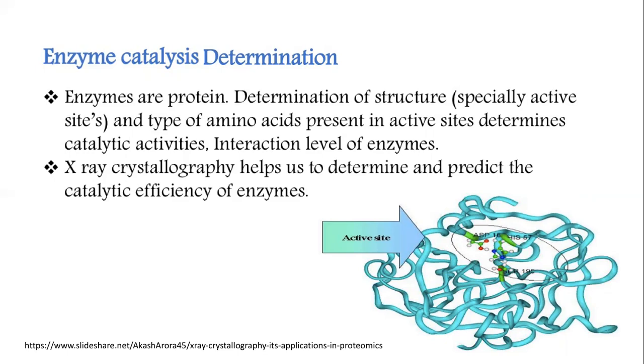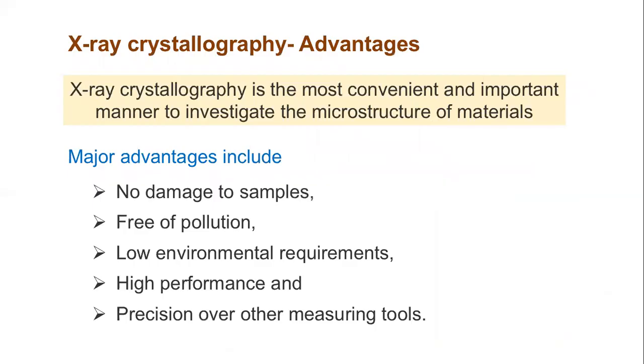So these are some of the major applications of X-ray crystallography in various areas of research as well as development. Why this has become such an important tool in the study of materials is because it has certain advantages.